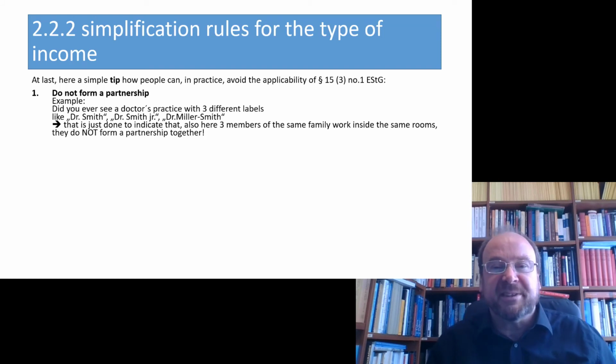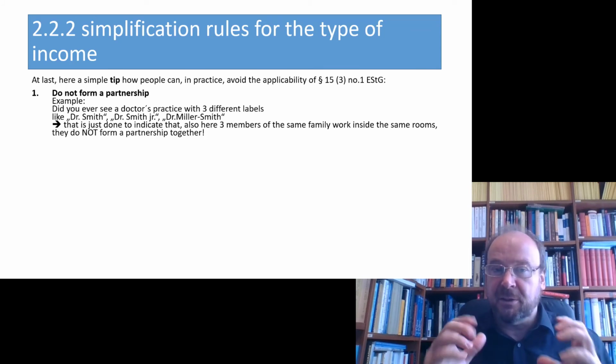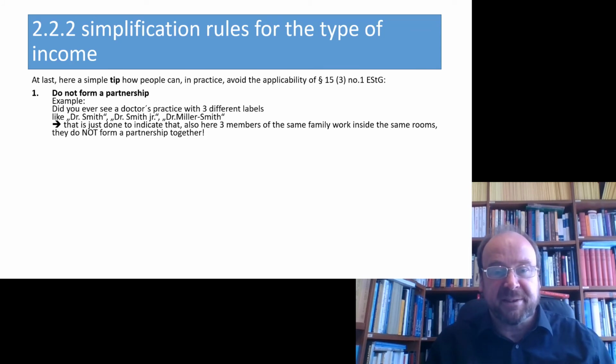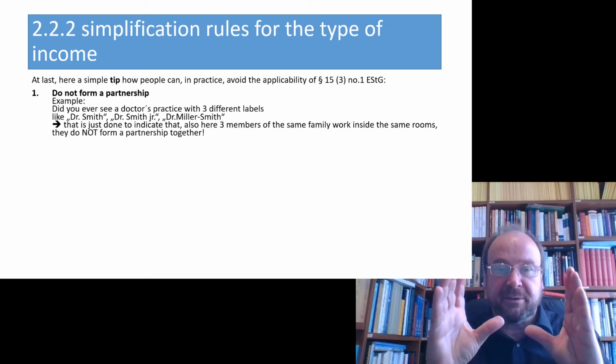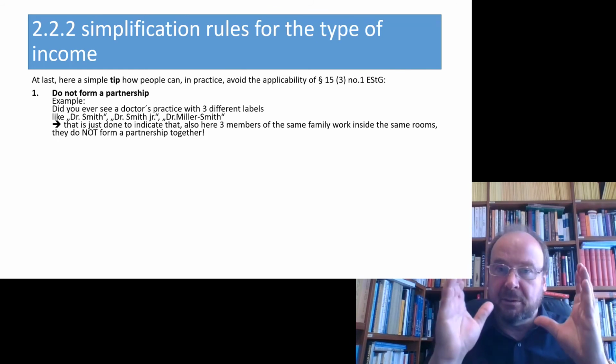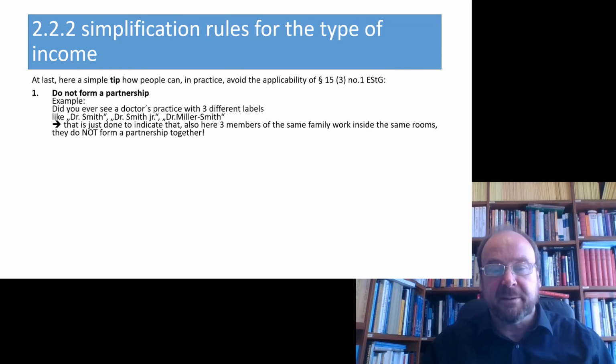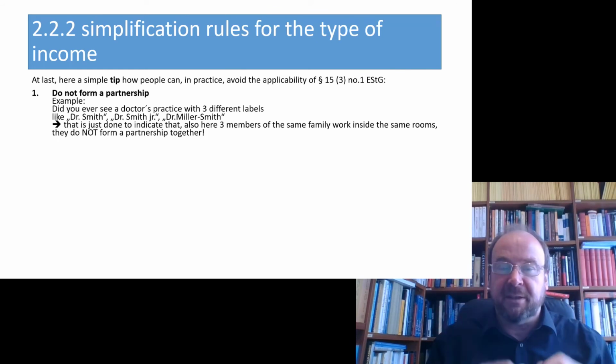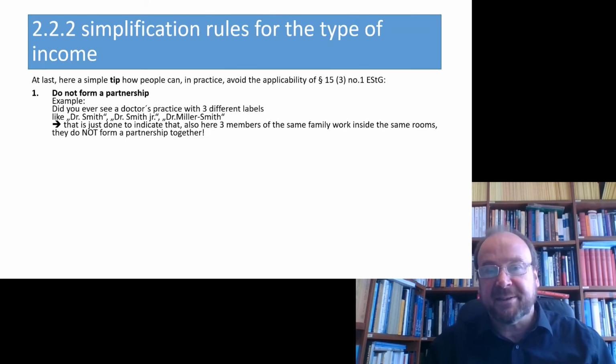And now you don't see a practice label which says Dr. Gerald Smith, Dr. Elfriede Smith, and Dr. John Smith Jr. together, but you see 3 different labels on the door. One, Dr. Gerald Smith, below Dr. Elfriede Miller Smith, and then separated from the 2 again, Dr.